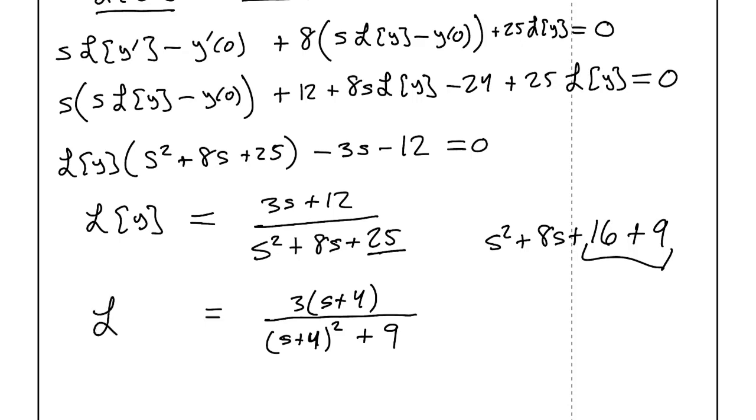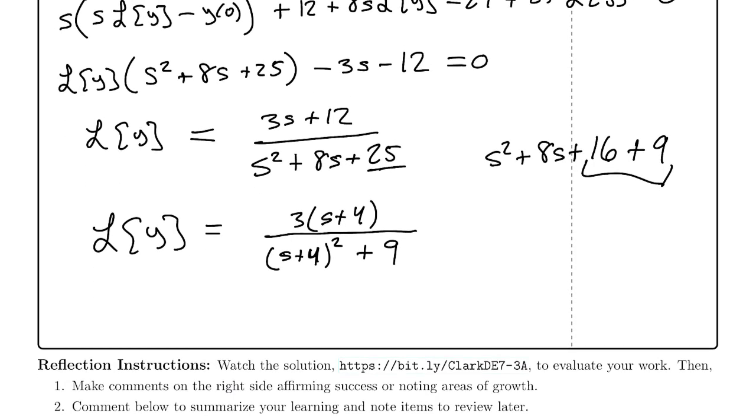And so now this is looking like the kind of thing that we can solve using the first translation theorem. And the first translation theorem says this thing here really looks like 3 times s over s squared plus 9.